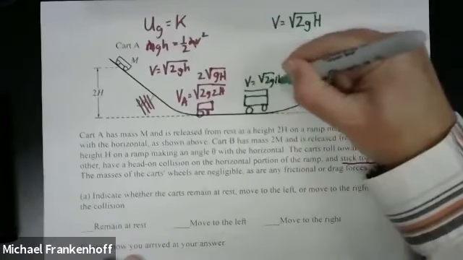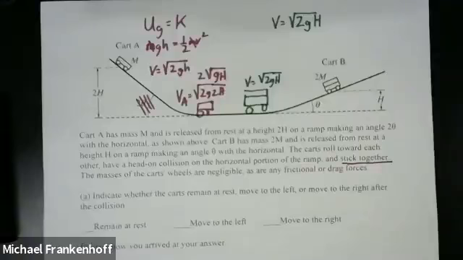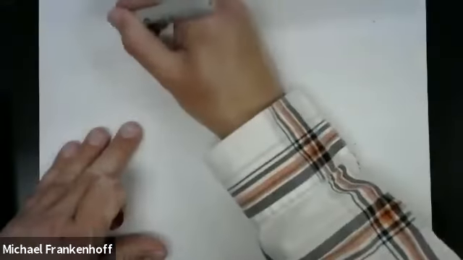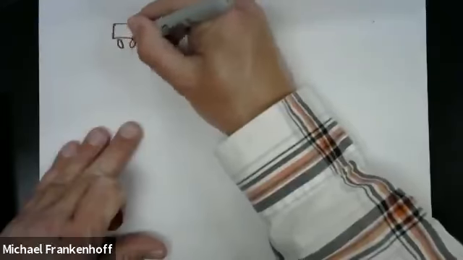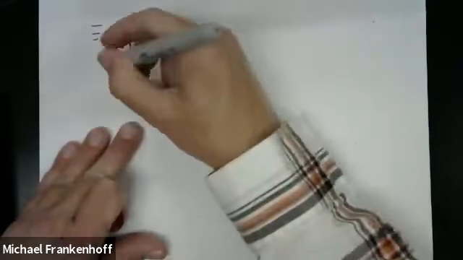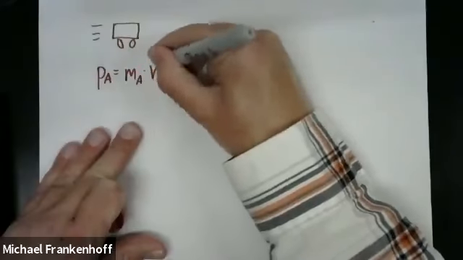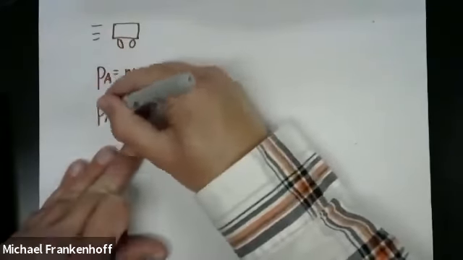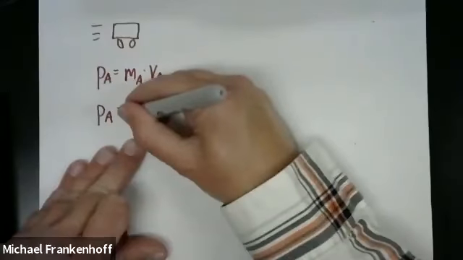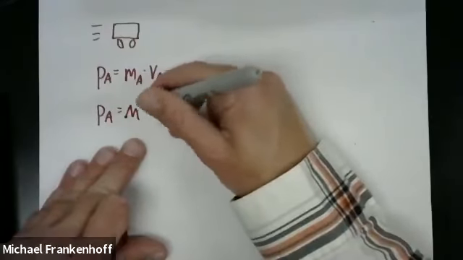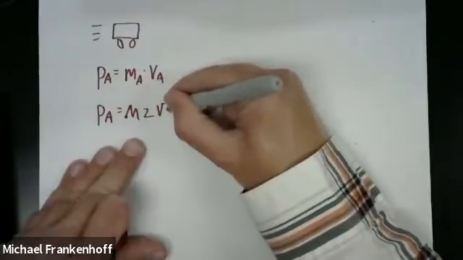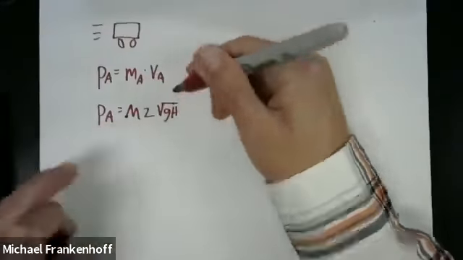And so let's see what happens to the total momentum. I'll need another sheet. It's getting full on this one. So cart A was going to the right like that. Its momentum will equal its mass times its velocity. So its mass is m, and its velocity, if you remember, was 2 radical gh.